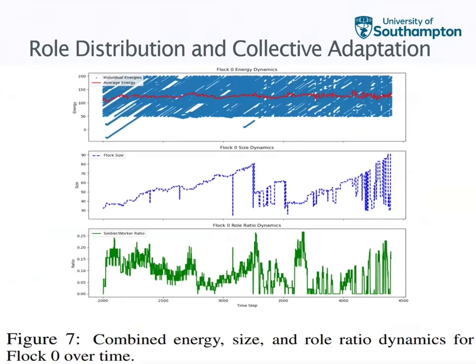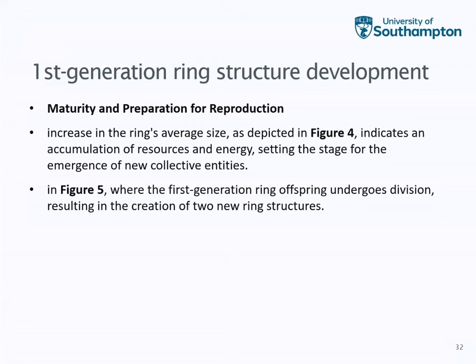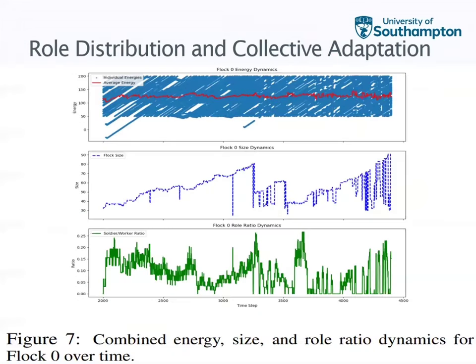And here I put this figure for observing the role distribution and collective adaptation. So here we see that the soldier and worker ratio is inversely proportional to the change in flock size.